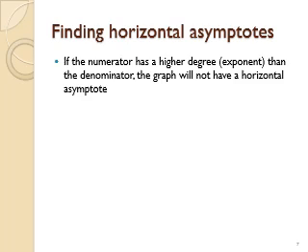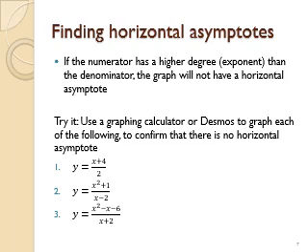Okay, our third and final rule, and probably the easiest one. There was no example of this in the 4 problems that we were just looking at. It says if the numerator has a higher degree than the denominator, there will not be a horizontal asymptote. Now, to illustrate that, since that didn't happen in any of the 4 previous examples, here's 3 new examples that you can look at if you want to.